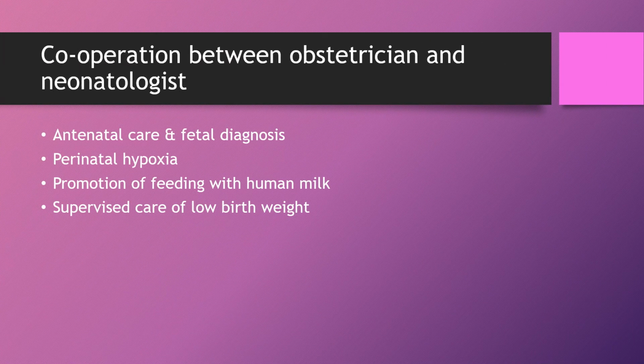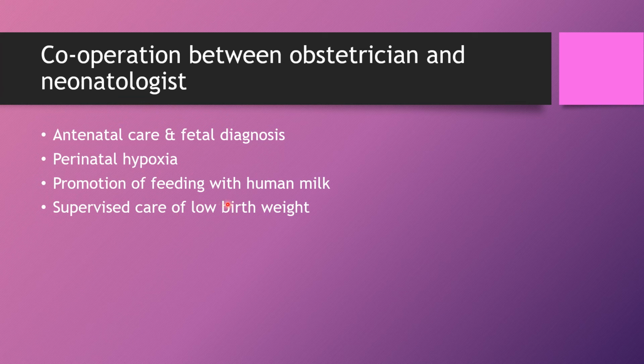Then cooperation is always needed between the neonatologist and obstetrician in taking care of the baby, because if the baby is having some congenital anomalies or any medical issues, during those conditions the neonatologist and obstetricians discuss the perinatal history of the baby. Perinatal means antenatal, intranatal and postnatal. So three things we can consider. So they have to discuss and give a treatment based on the history also.